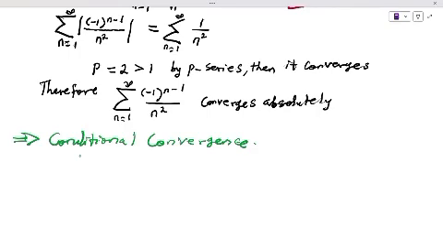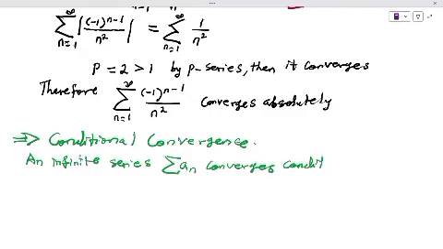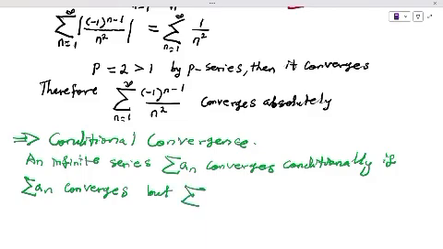An infinite series, A sub n, converges conditionally if the series converges, but the absolute value of A sub n diverges.